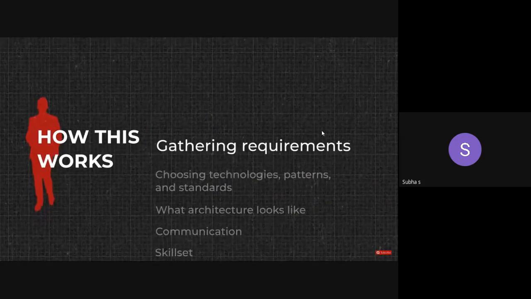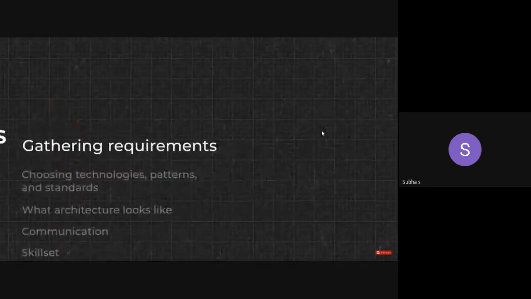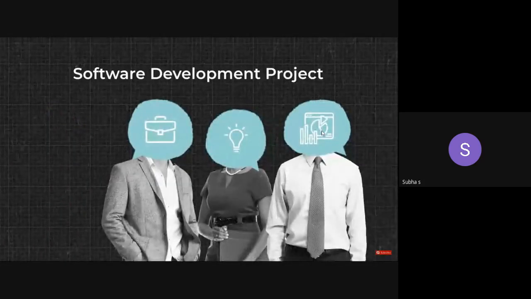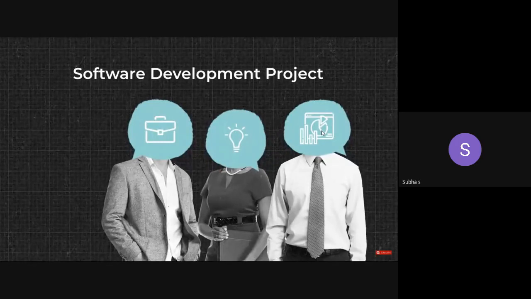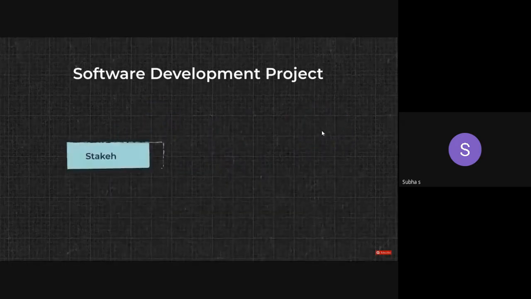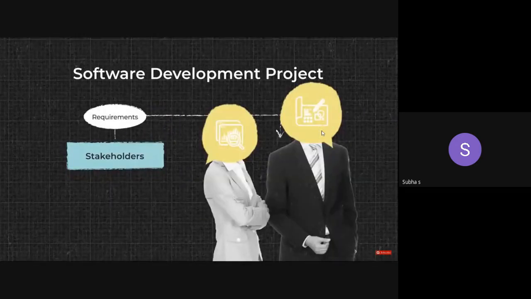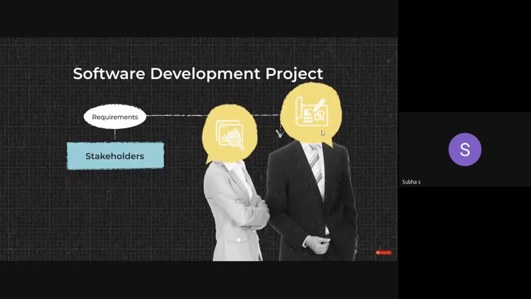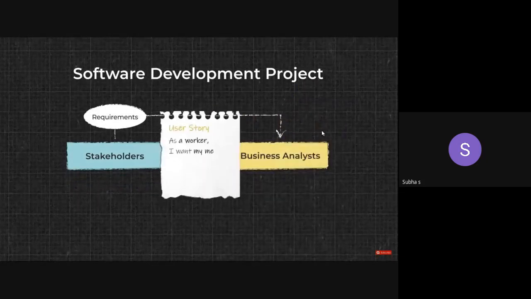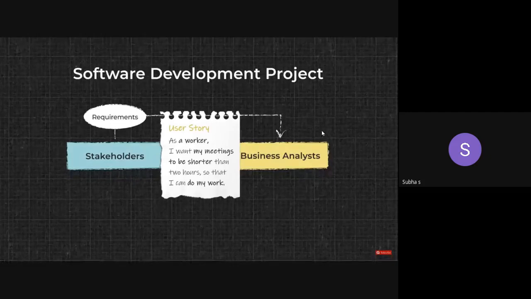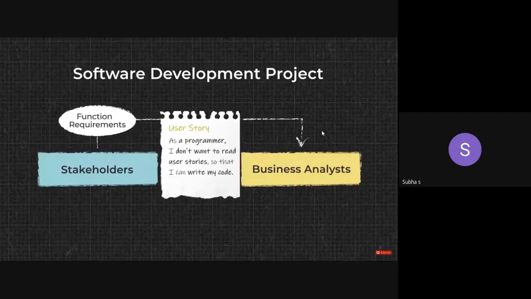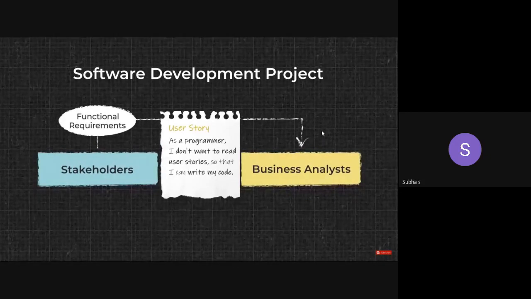Any software development starts with gathering requirements from a diverse group of people: stakeholders, user experience specialists, or even end users. Business analysts are in charge. They document requirements in user stories, short descriptions of product behavior from a customer perspective. These are functional requirements.